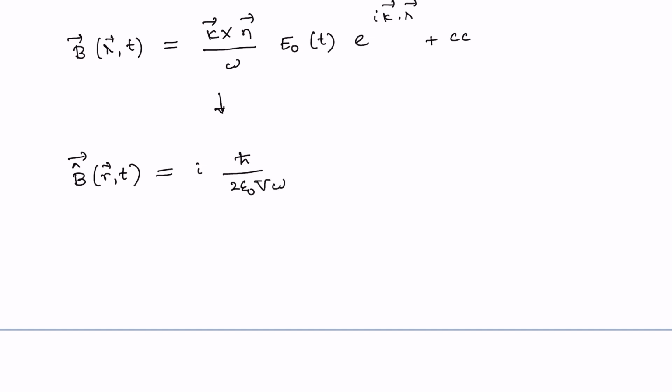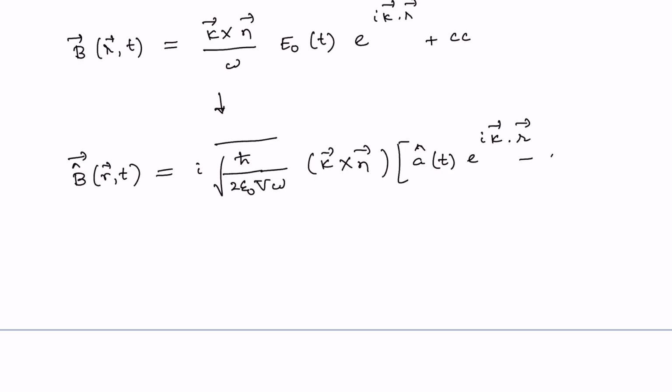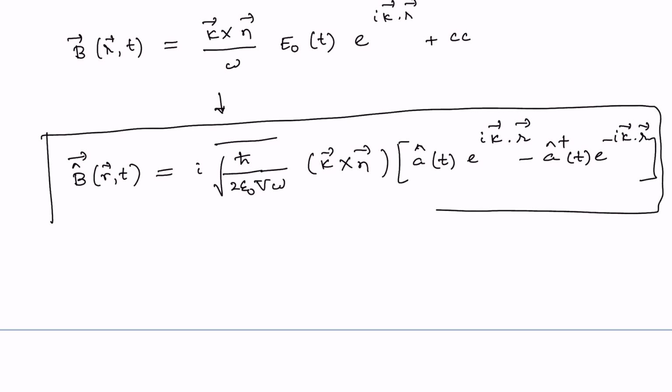Please do it yourself, so that you can write the magnetic field operator by this expression: k cross eta, times A, which is an annihilation operator that is time dependent. Time dependence is included in the operator A, e to the power i k dot r minus A dagger e to the power minus i k dot r. Okay, so this is the expression for the magnetic field operator.